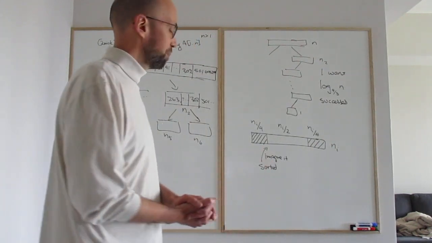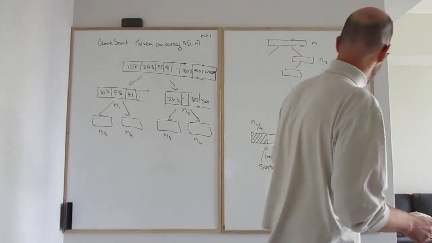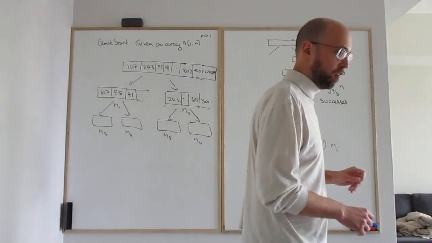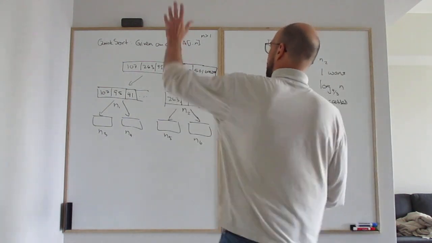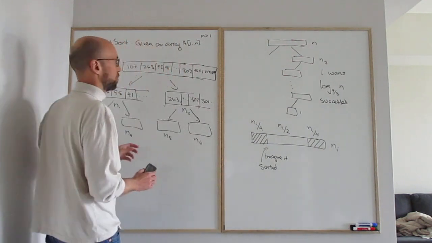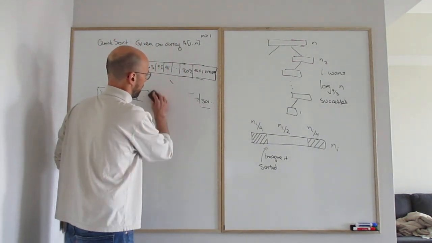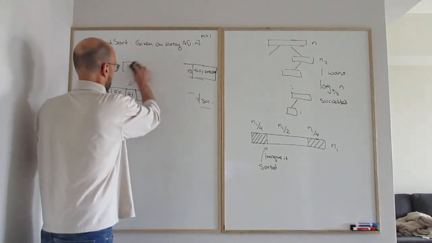There it is. Okay. So, let's consider what are the chances of this leaf being really, really deep. And by really deep, I don't mean like depth n, like the worst case.